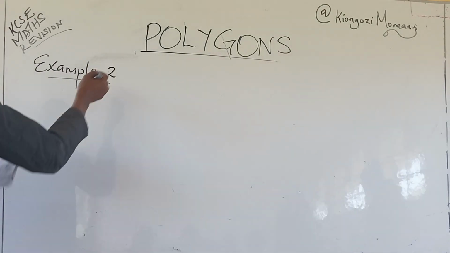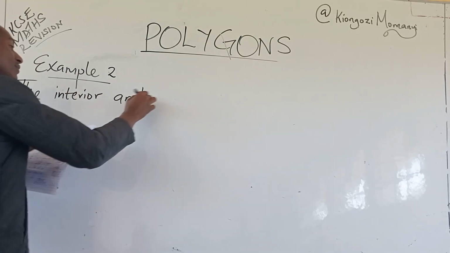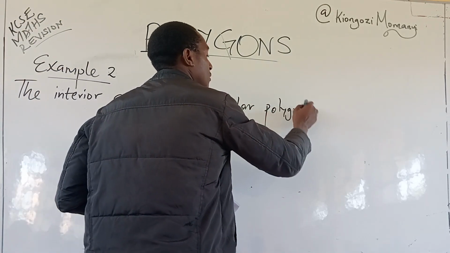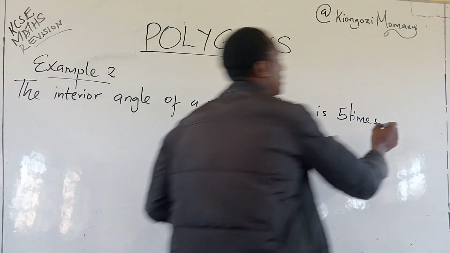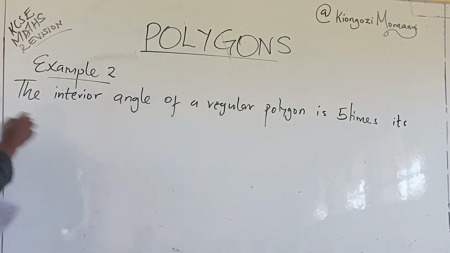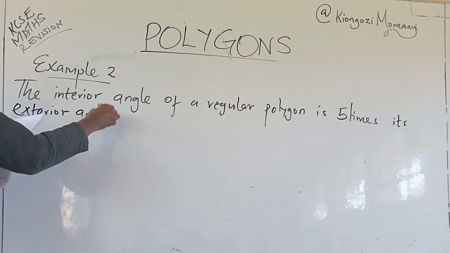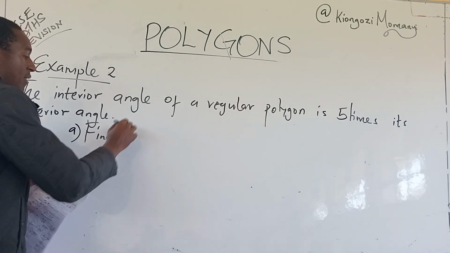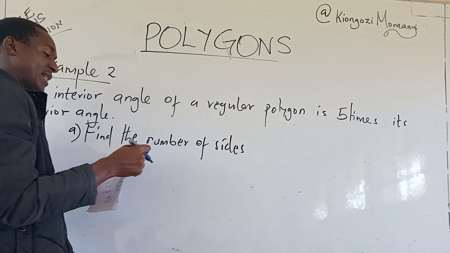Example 2, the interior angle of a regular polygon is 5 times its exterior angle. A: Find the number of sides of the polygon.